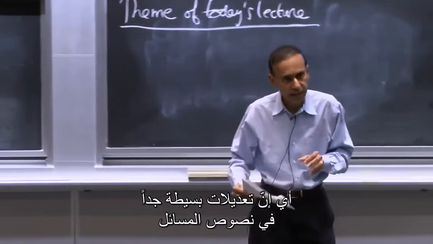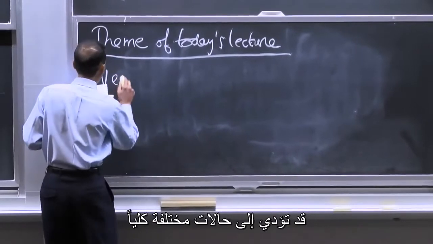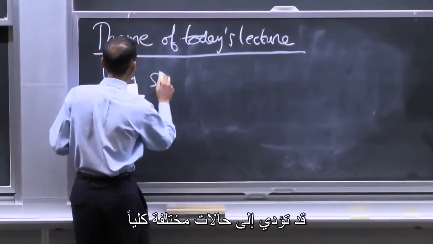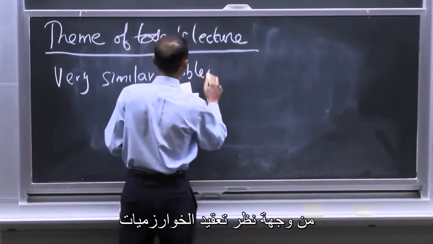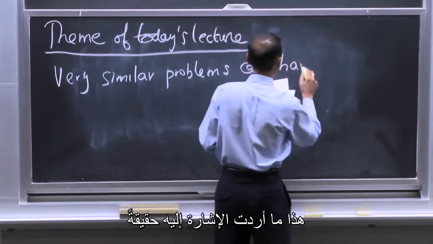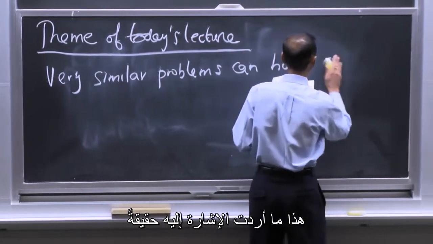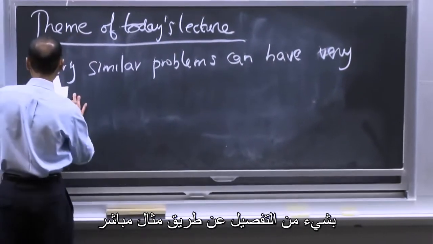So very small changes in problem statements can end up with very different situations from a standpoint of algorithm complexity. And that's really what I want to point out to you in some detail with a concrete example.